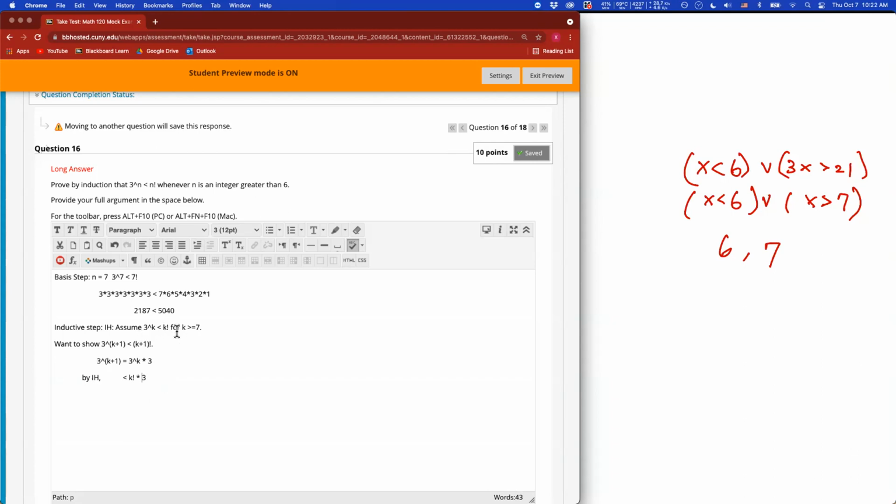And you want to compare with k plus 1 factorial. And we know this is less than k plus 1 times k factorial.